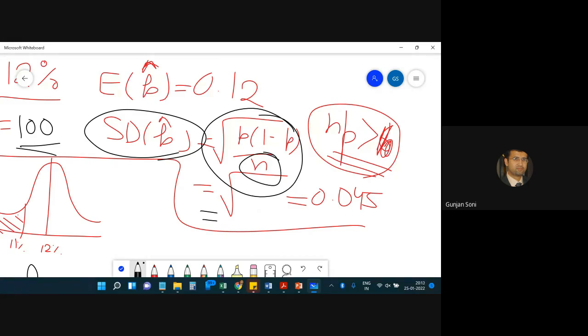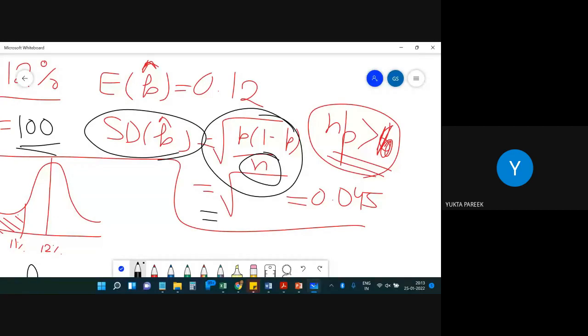So are you again going to divide it by root n? Give me an answer. Are you convinced or not? So should we be dividing by root n or not?